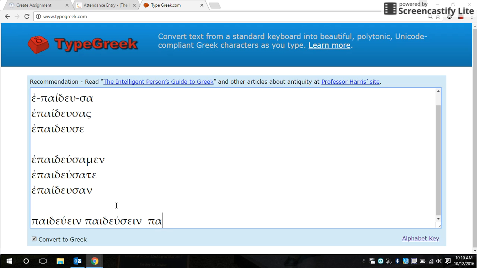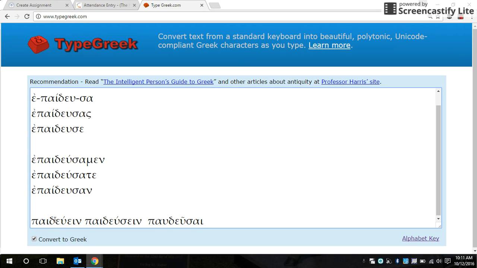You have paideusai. The reason that it gets a circumflex is that for purposes of accentuation, the ultima is short, and with a long penult, you have to put that circumflex there. Notice that there's no augment for the aorist here. Only the indicative gets an augment.